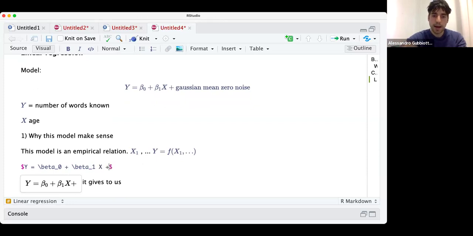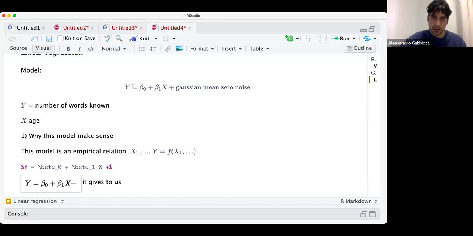This stochasticity arises from the fact that we don't know the other variables, so we put a random variable, and we model it with probability theory.